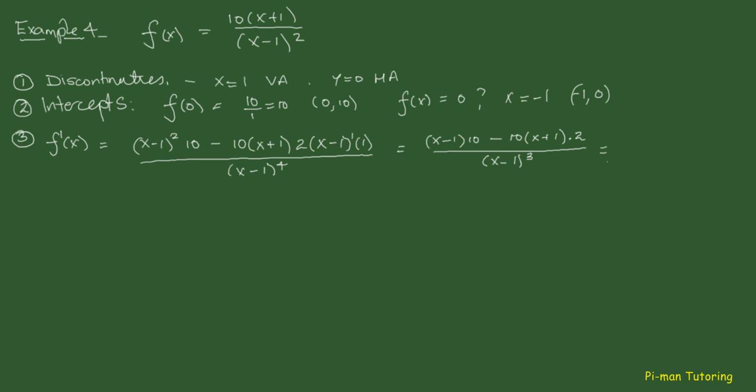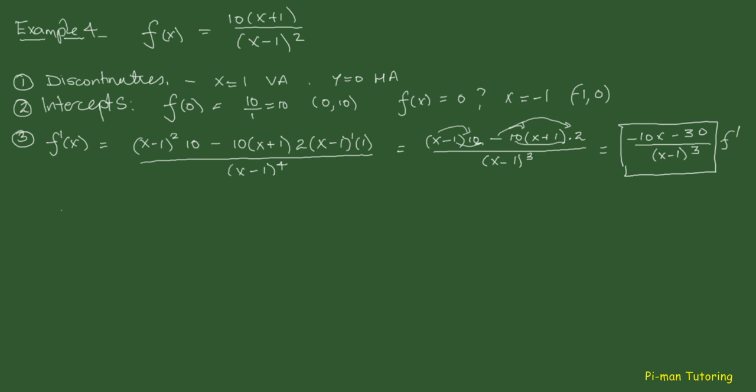And if we gather up the like terms, we've got 10 lots of x here, minus 20 lots of x here, so that gives me negative 10x. Here I've got a negative 10. Here I've got negative 20. So that would be negative 30. All divided by x minus 1 cubed. So there's our f dashed of x.